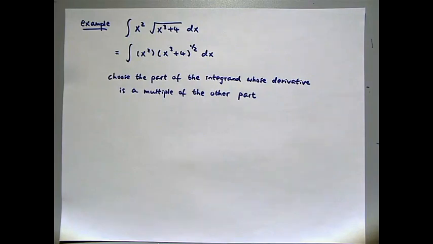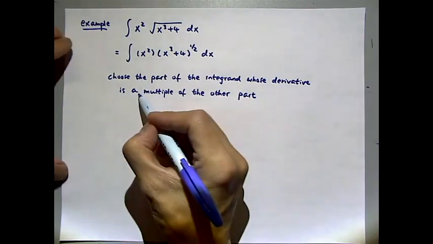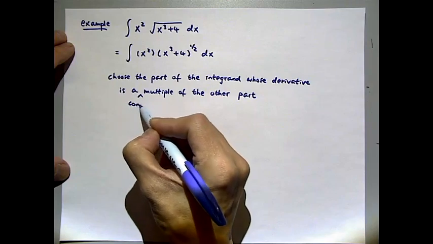You'll see. And I'll give you another rule of thumb that, if you lose track of what to do, you can follow. But let's be more precise, a constant multiple.